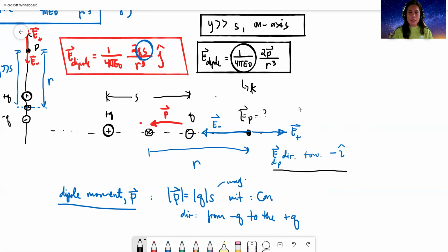Kaya lang sabi ko nga, the reason why I'm using this now is because we'll be using this again when we do electric field calculation for charge distribution. Okay, I think this has been quite long, so I will end here and until the next video. Okay.